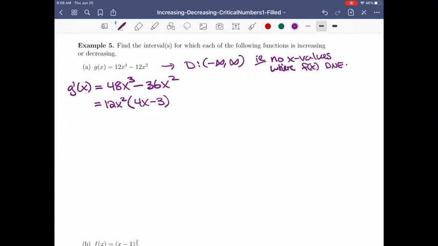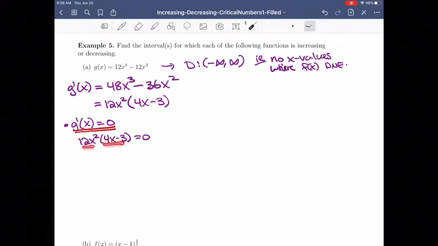So now I want to find my critical numbers, so I'm going to set the derivative equal to 0. Okay, we're going to be doing this a lot. So the derivative equals 0. When does that happen? Well, 12x squared times 4x minus 3 should equal 0. Now I have two things that are multiplied together equaling 0.